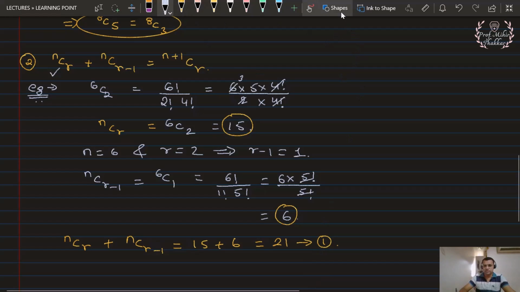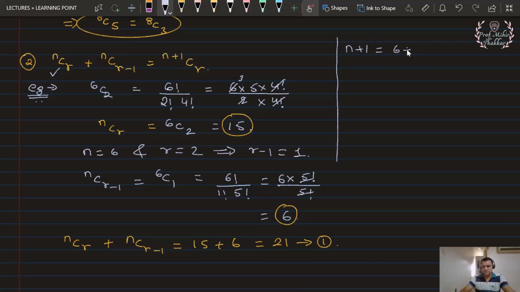Now let us try to understand the term of RHS. n plus 1: 6 plus 1, 7. And r is fixed. We are not going to change r. r is equal to 2.